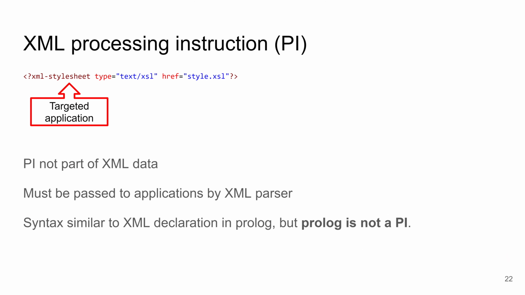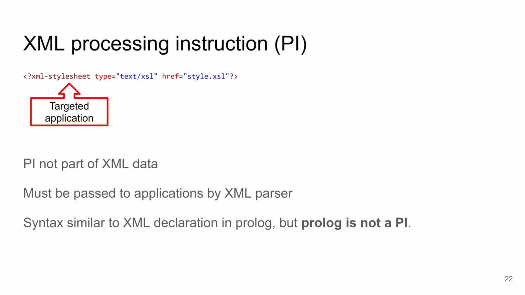Another thing you might come across is an XML processing instruction. This one is a bit special because it is to be processed by the application reading the XML document and not by the XML parser itself, which means that it is actually not part of the XML data. It just says that any application reading this XML document can do something.